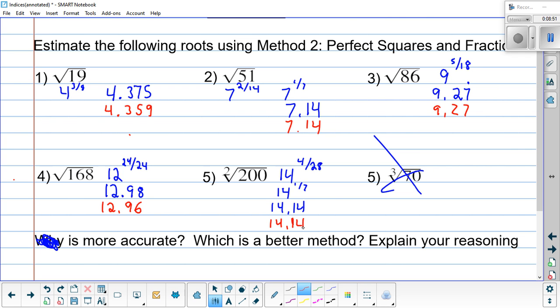So, which is more accurate? This method is more accurate. Which is a better method? That's dependent. Are you trying to figure out square roots, or any other kind of root? If it's square roots, I would say this method. If it's any other kind of root, we have to use trial and improvement. Looking at question 1, it is 2 hundredths off.